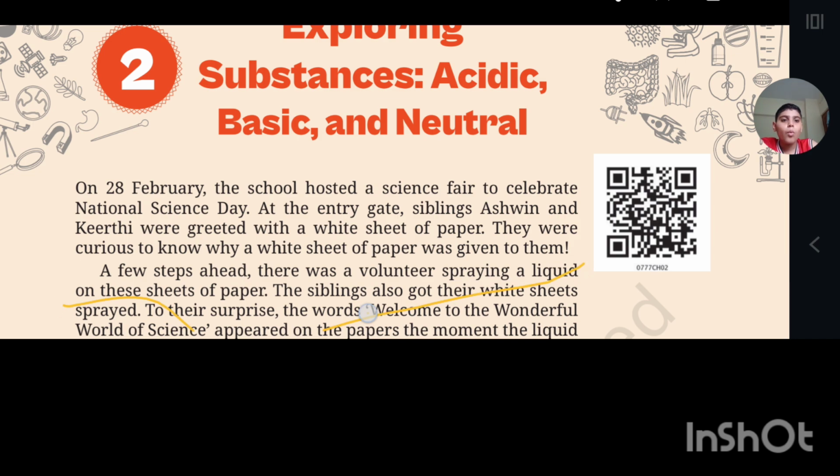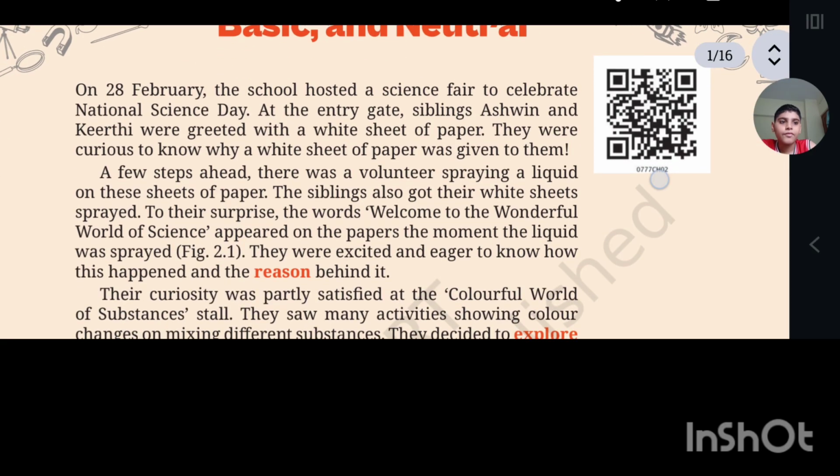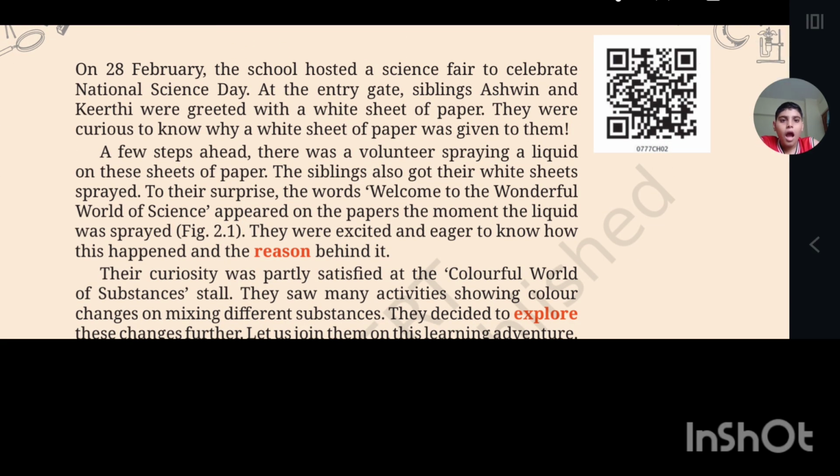The siblings also got their white sheets sprayed. What happens afterwards? To their surprise, the words "Welcome to the wonderful world of science" appeared on the papers. The moment the liquid was sprayed, they were excited and eager to know how this happened and the reason behind it.